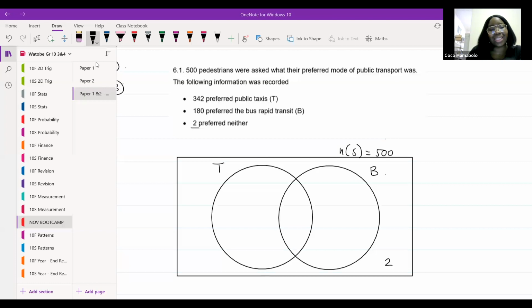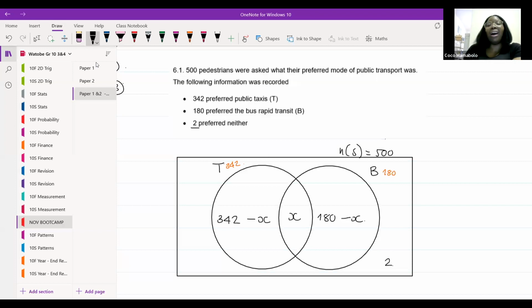So that means my intersection in the middle must become X. Now, if public taxis is 342, and X amount of them has already been accounted for, those who like taxis only is going to be 342 minus X. And if 180 prefer the bus, and X of them have already been accounted for, those who like bus only need to be 180 minus X.